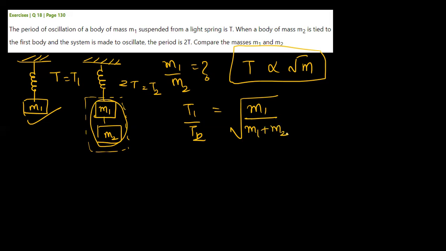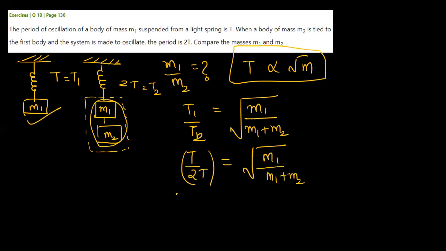Why? Because both masses together make the time 2t, so I will have to consider both masses, not one mass. So just substitute the values: t upon 2t equals root m1 upon root of m1 plus m2.